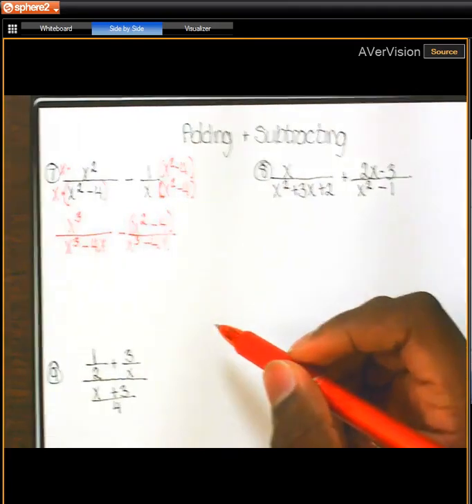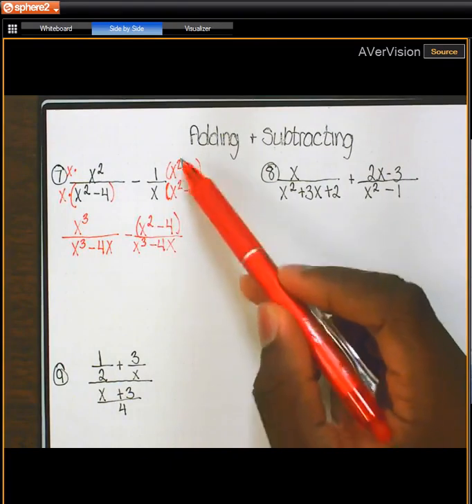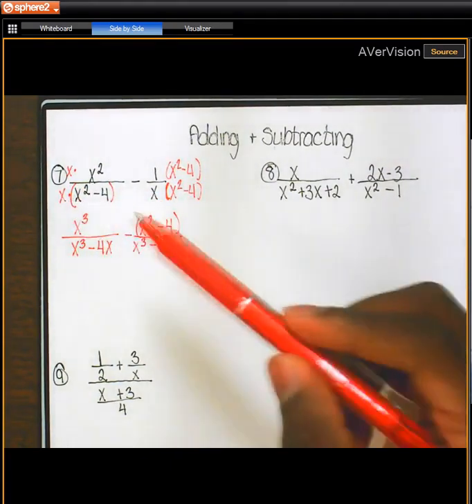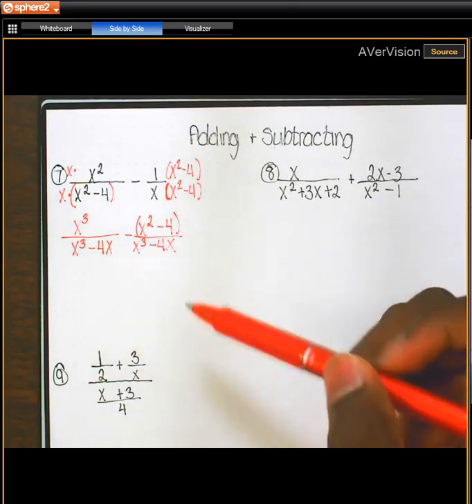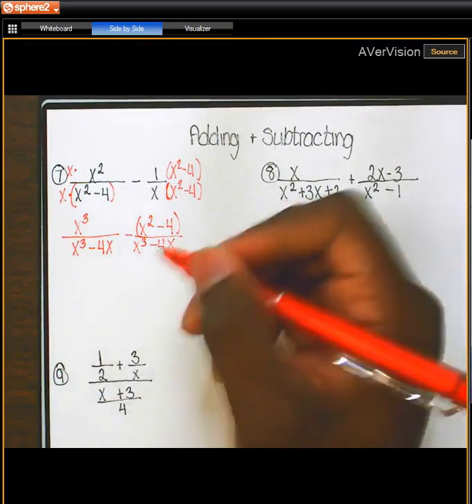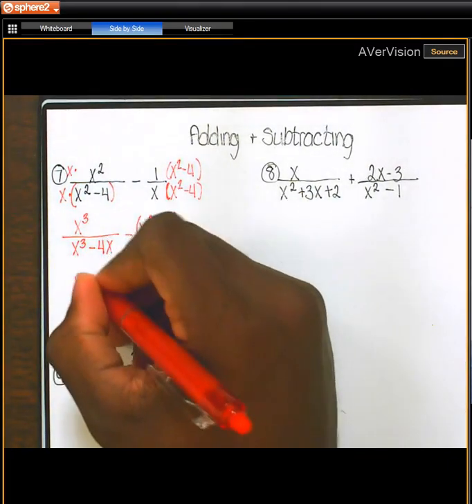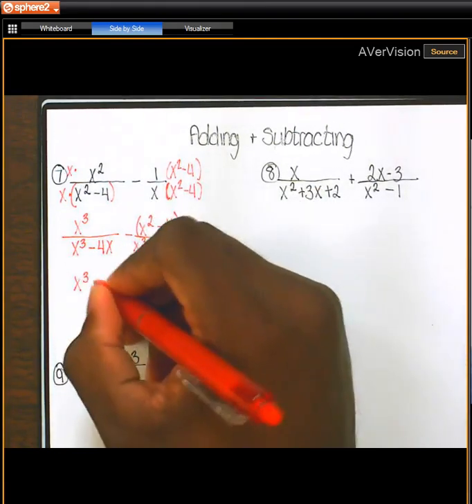All right, so after we multiply this denominator to this side, top and bottom, and this denominator to this side, top and bottom, now they have common denominators, right? And now that they do, we can combine it into one fraction. And this is where we distribute the minus, right?